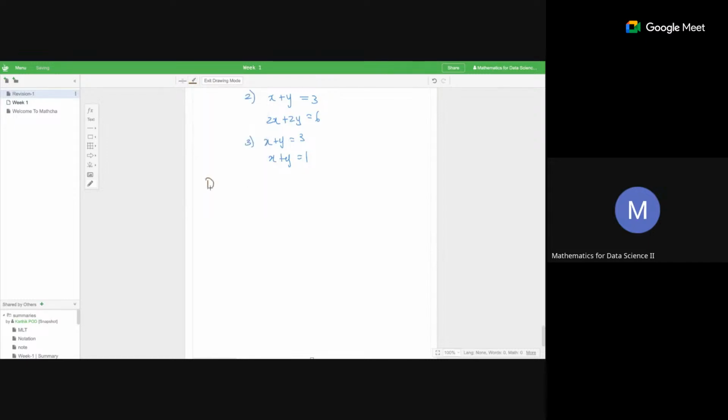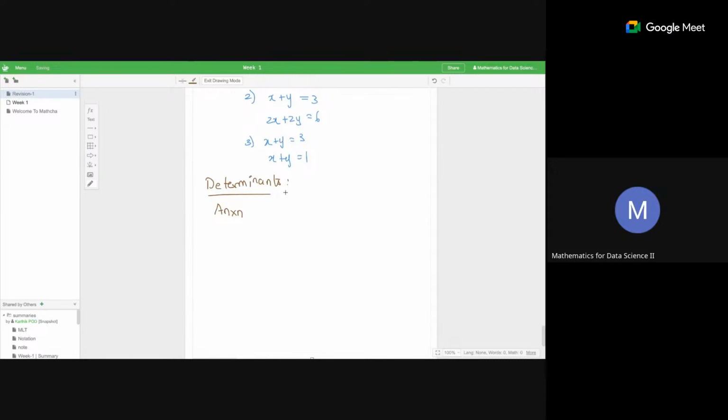Okay, so the next topic is determinants. So what are determinants? A determinant is again a matrix operation. When we talk about square matrices, let us consider any square matrix. Then we can associate any square matrix with a number called the determinant.